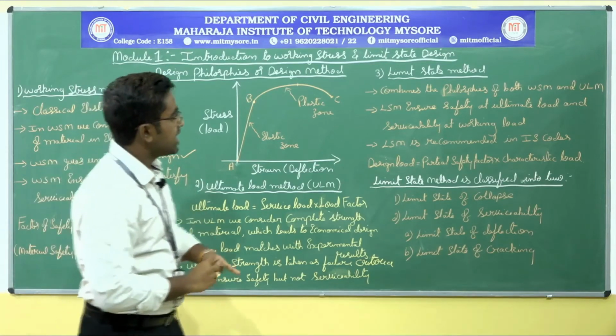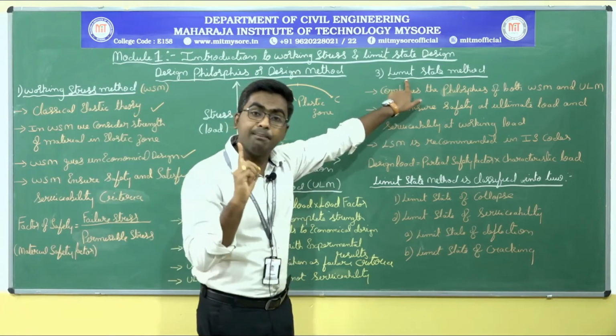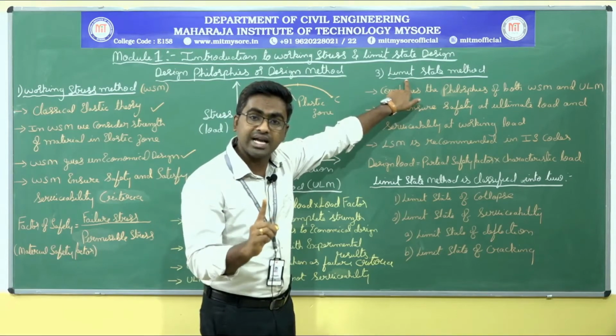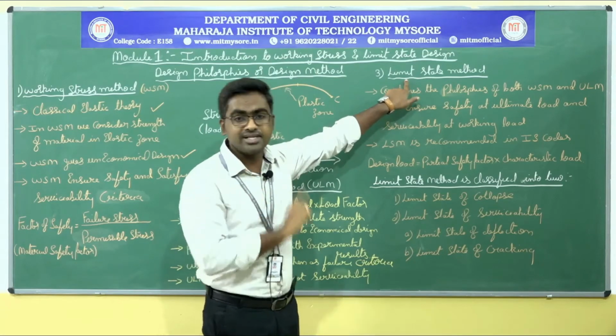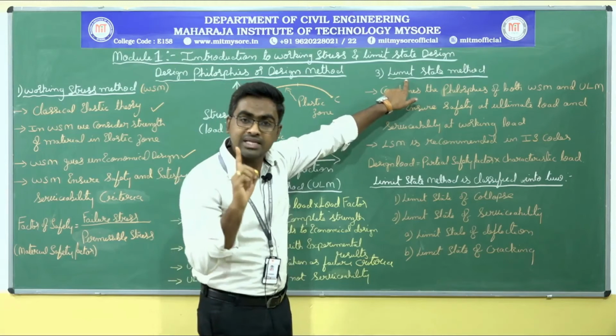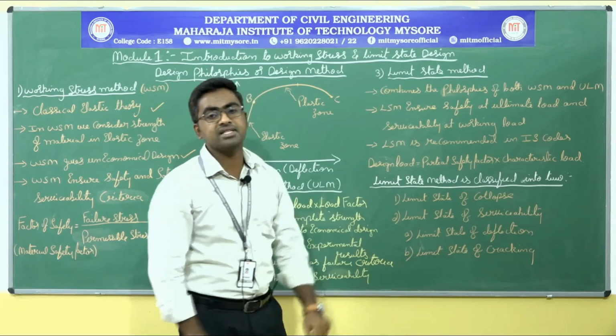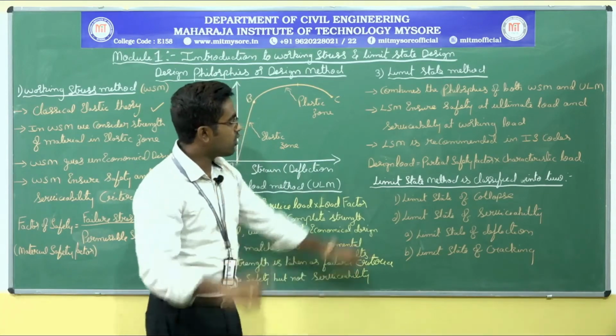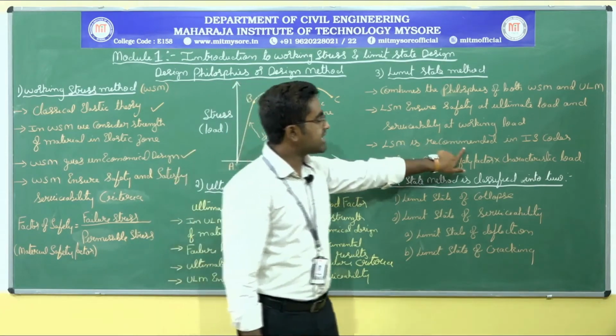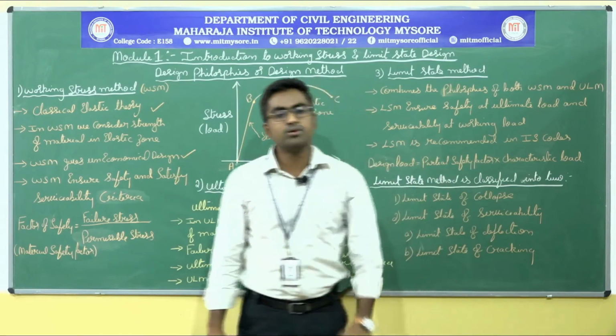So that is the reason why the limit state method is the best method to design structural components. Using the limit state method, we can ensure safety and it also satisfies the serviceability criteria. Therefore, the limit state method is recommended in the IS code.